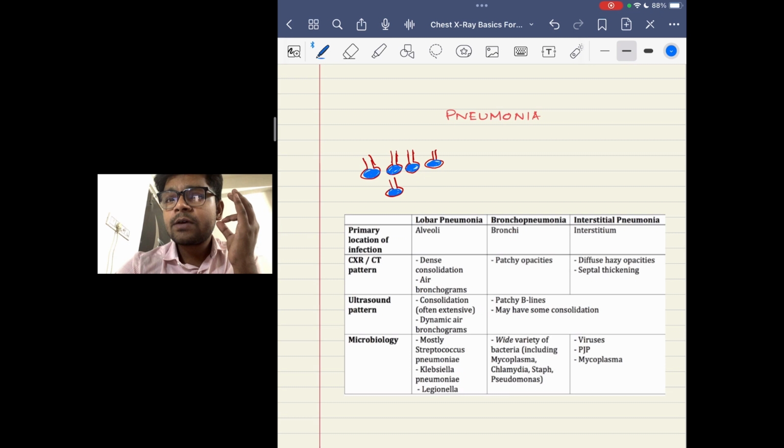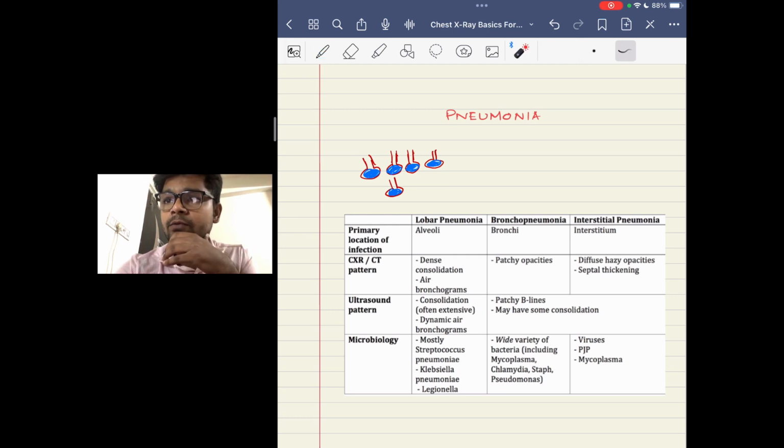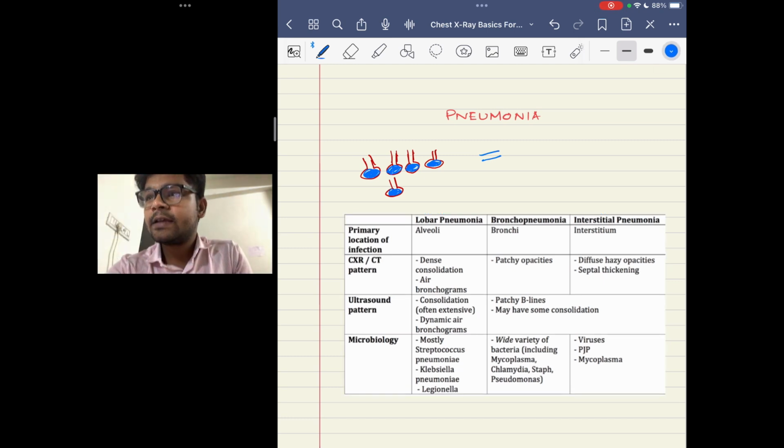So air looks black on X-ray, and it will be seen as a black thing against a white background. And what is the white background? That is all this opacity formed by your exudates in the alveoli. So it will look something like this. This is your bronchi in different cut section, and against the white background you will be finding something like this.